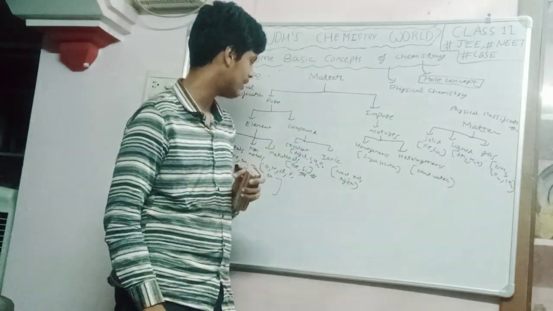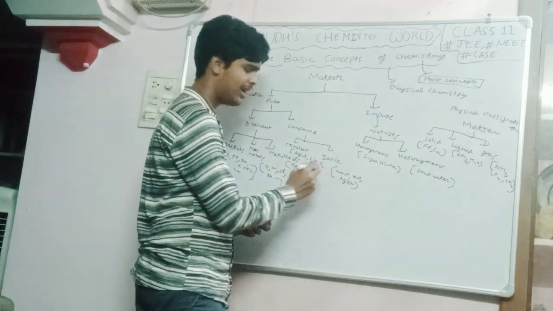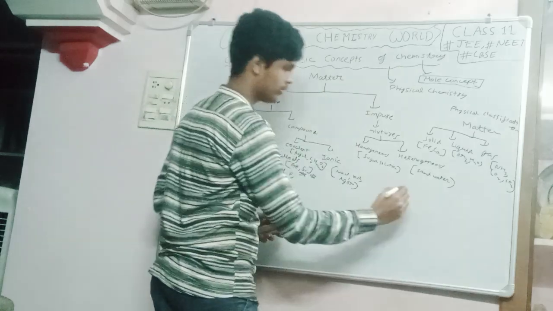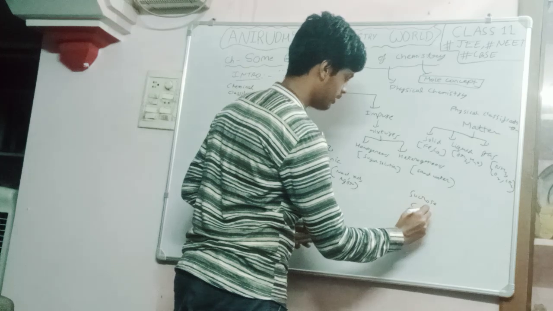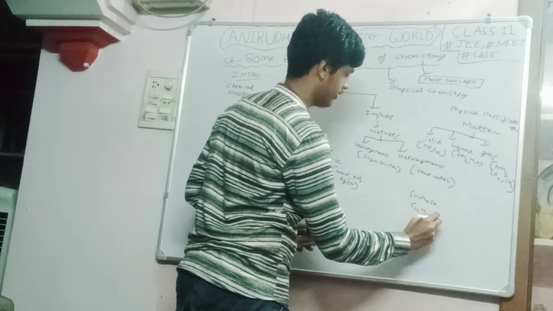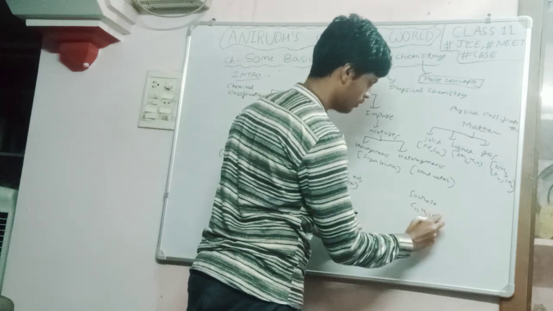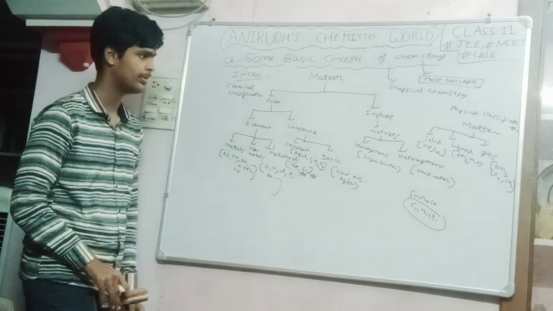In covalent compounds you have the organic compound glucose, C6H12O6, and you can also take another example, sucrose. The formula of sucrose is C12H22O11. Just take this down.